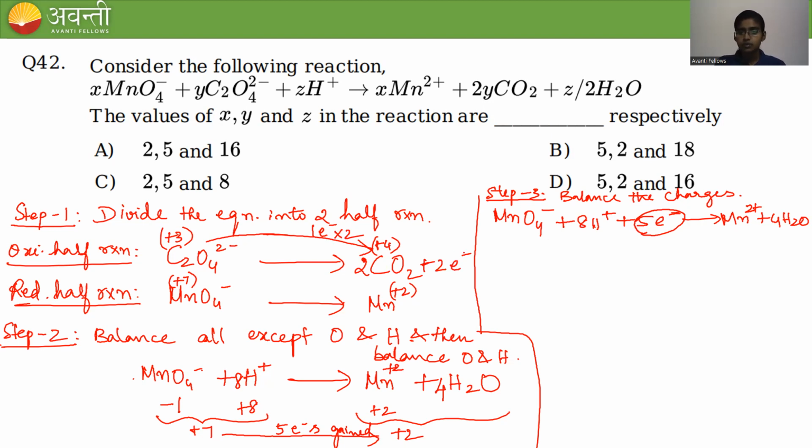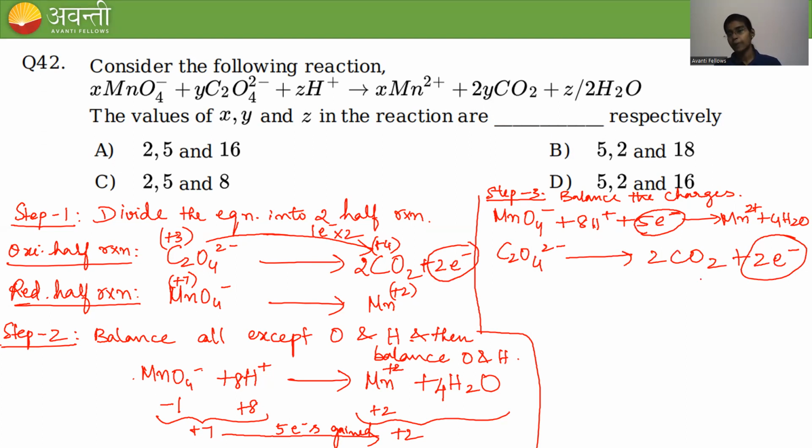Okay. But then you see the number of electrons lost and number of electrons gained, they are not equal. So let me write the equation first. This C2O4 2 minus giving 2 CO2 plus 2 electrons. You can see the number of electrons lost and gained are not equal.